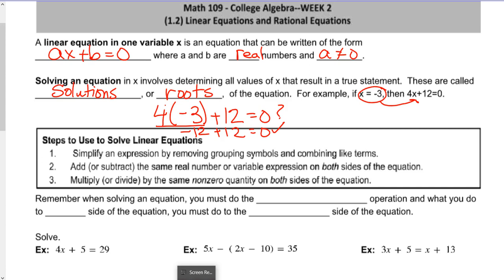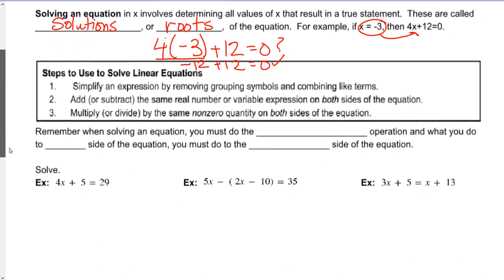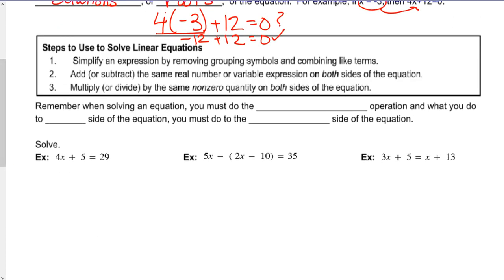Okay? So here are some basic steps to solve a linear equation. We simplify an expression by removing any grouping symbols, combining like terms, getting it as concise as we can. Then we add or subtract the same real number or variable expression on both sides of the equation.